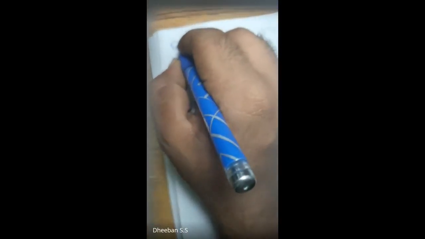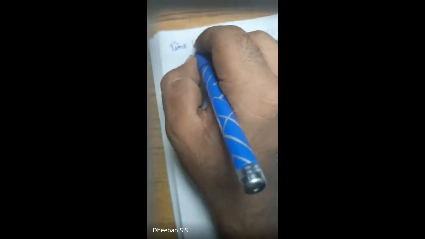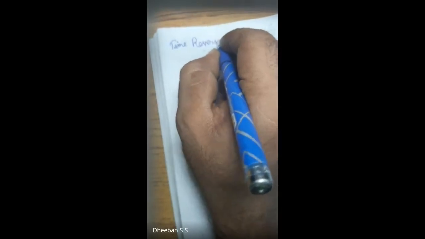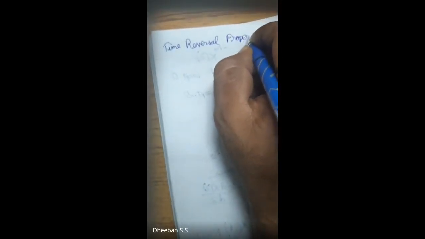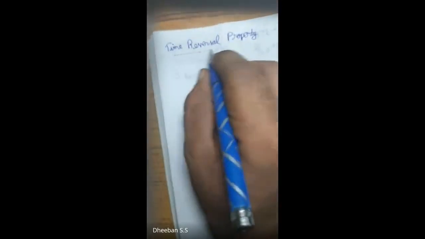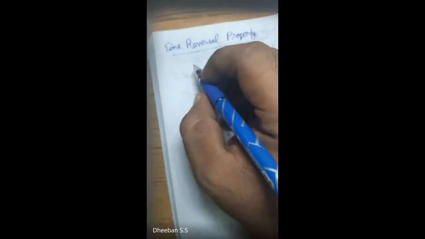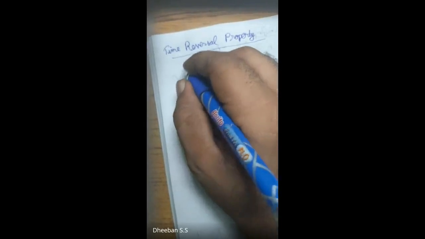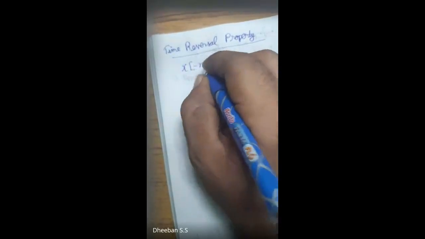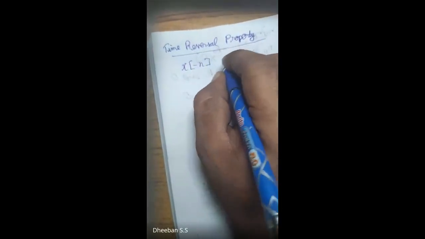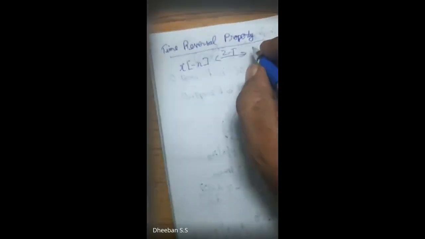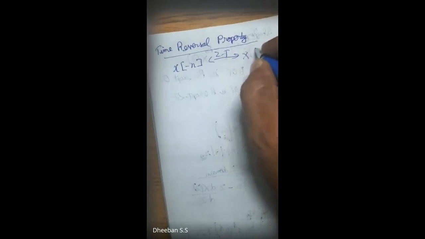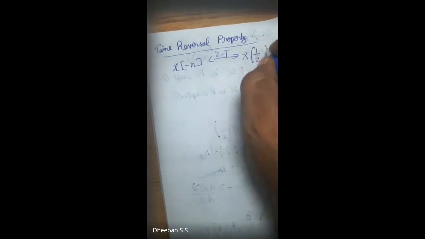After that, the time reversal property. So x of minus n, you have to take the z transform: X of 1 by z.